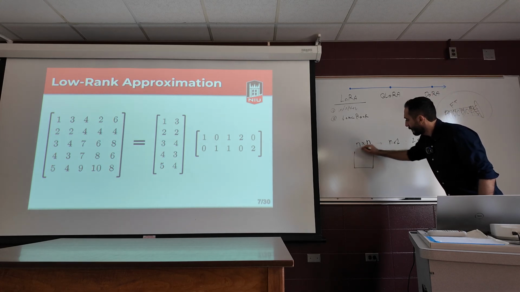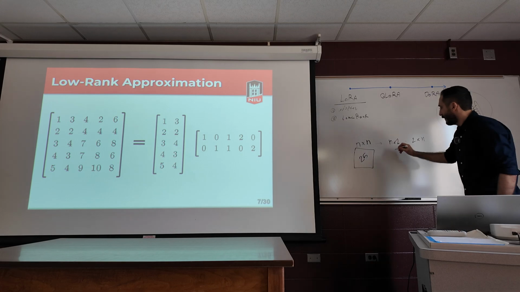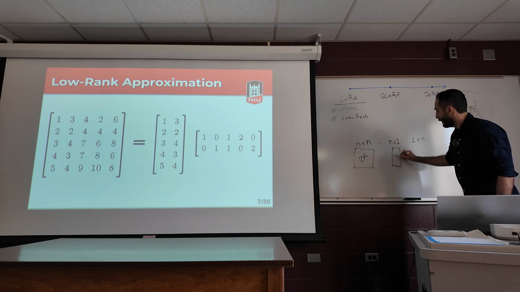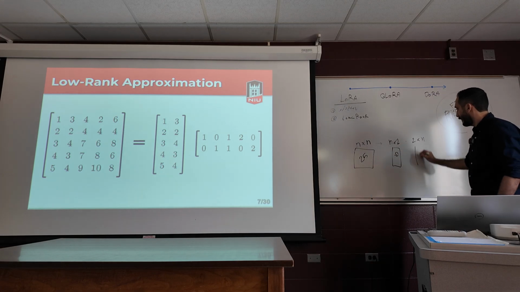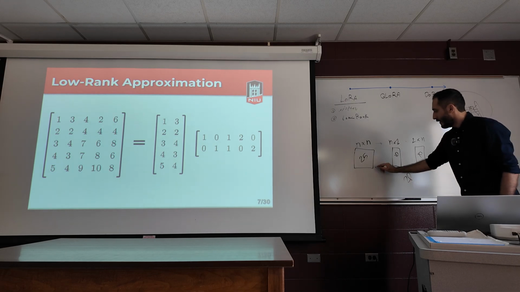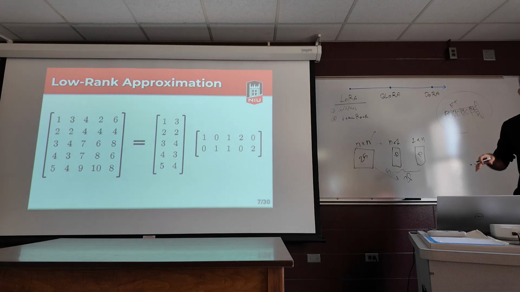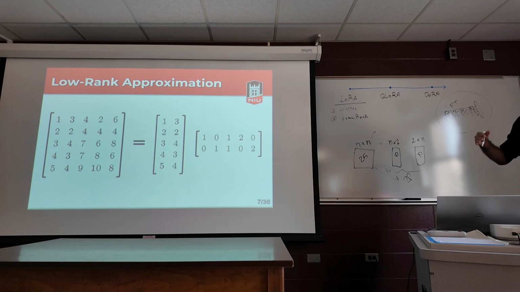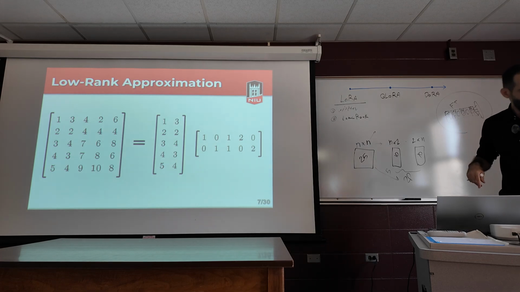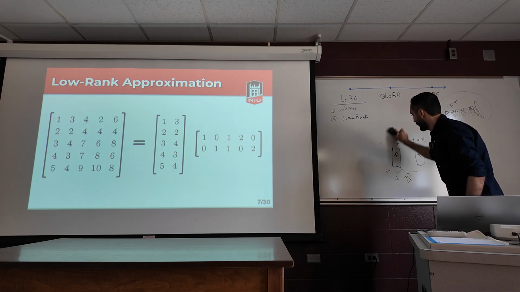Here you have 5 by 5, which means 25 parameters. Here you have only 10, 2 by 5, and here only 10, so in total 20. You save memory. Imagine it increasing exponentially, how much space you can save. So using the low rank technique to regenerate the matrices helps you save space.